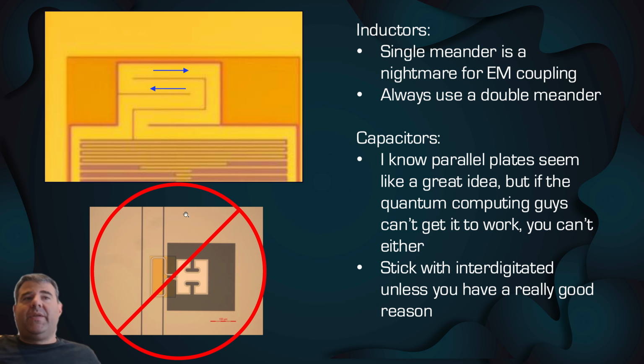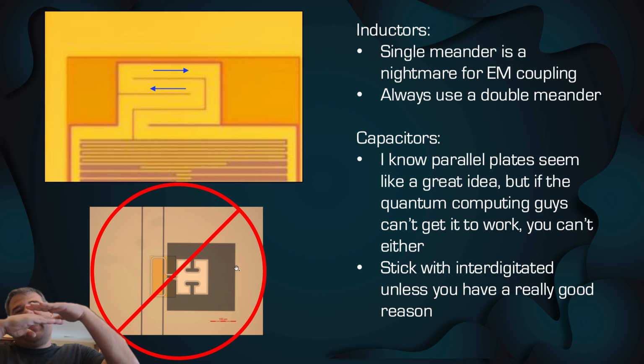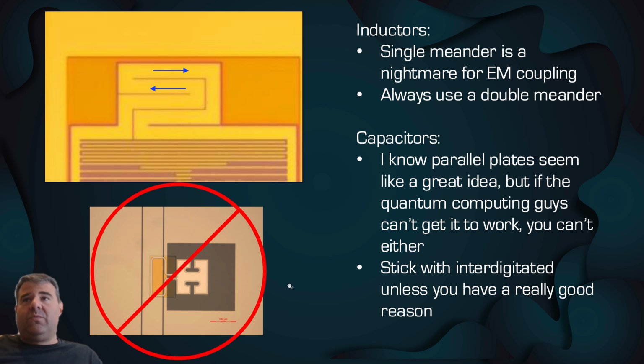This is really important. For capacitors, you basically have two choices. You can make interdigitated capacitors like the one shown here, where you have fingers interlocking, or you can try to make a parallel plate capacitor with a dielectric between it. The problem is these dielectrics are really lossy. Some people have made amorphous silicon work.